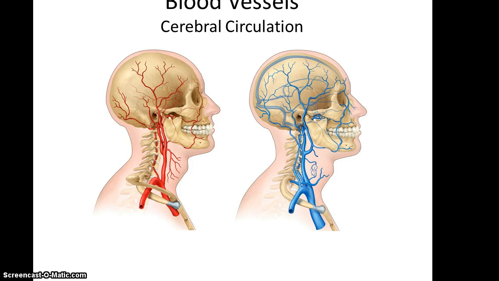There's also cerebral circulation, which is basically just a subcategory of systemic circulation, but it's focusing on the head, and especially the brain. And as you can see, there are a lot more veins in the head than arteries, and this is partly because you get additional fluids from the cerebrospinal fluid being dumped into the veins up in the brain.